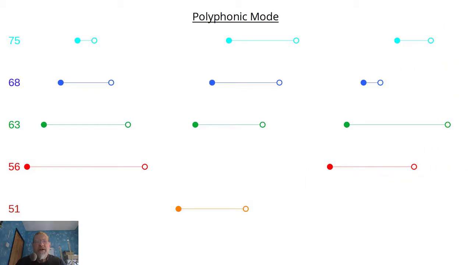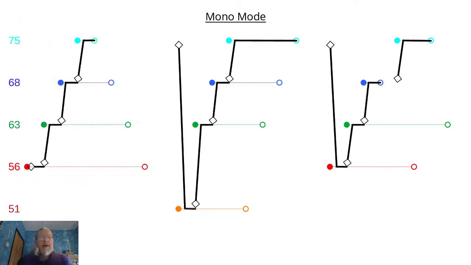Okay, so now let's move on and look at what I call mono mode. Here the coloured lines represent the keys that are held down on the keyboard, and in polyphonic mode those notes are just played as they're held down.